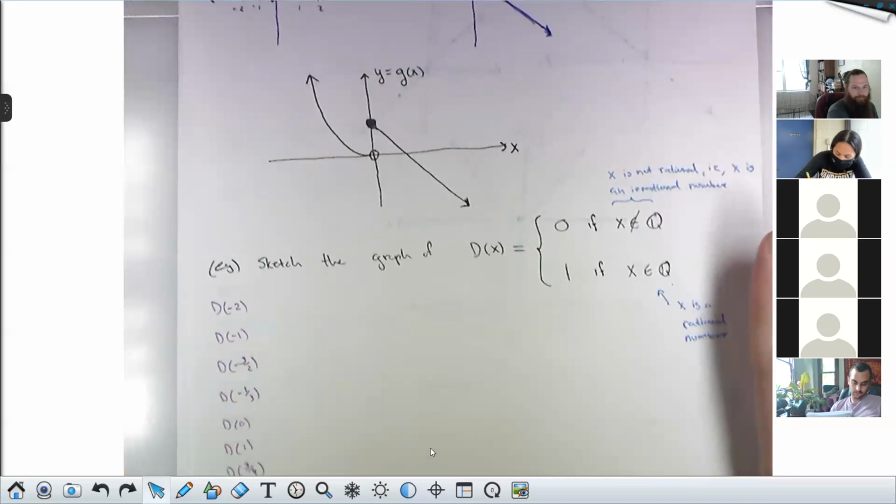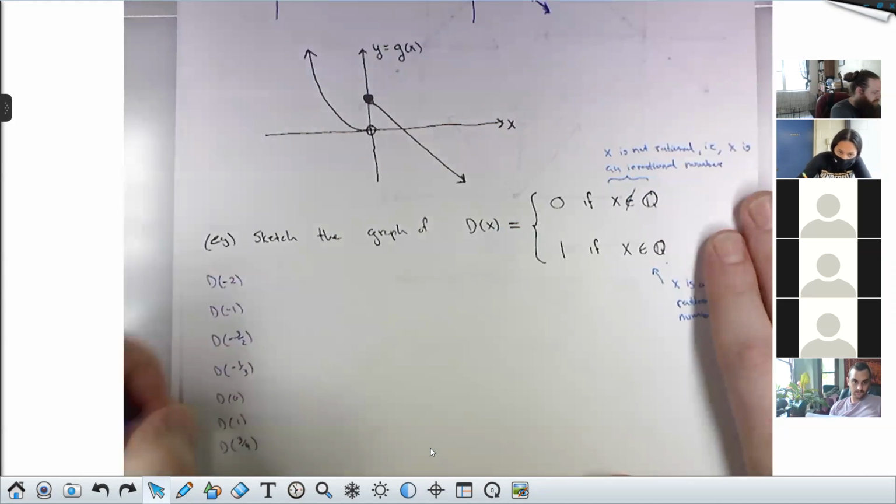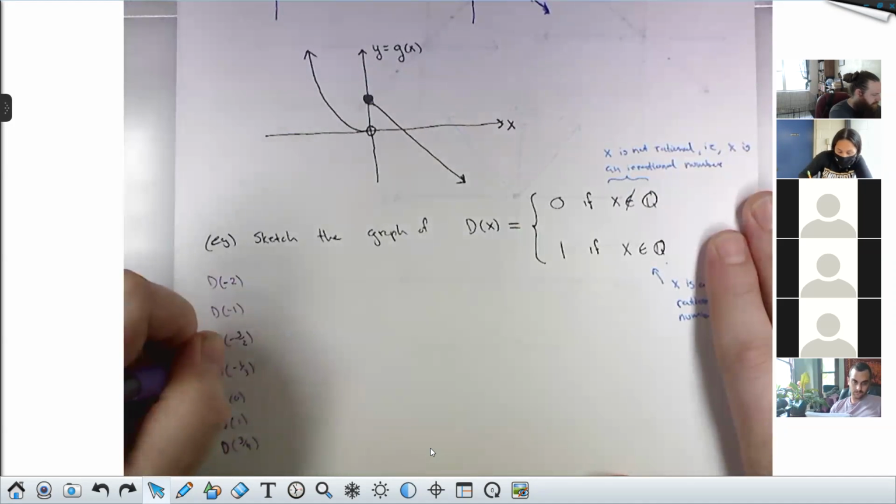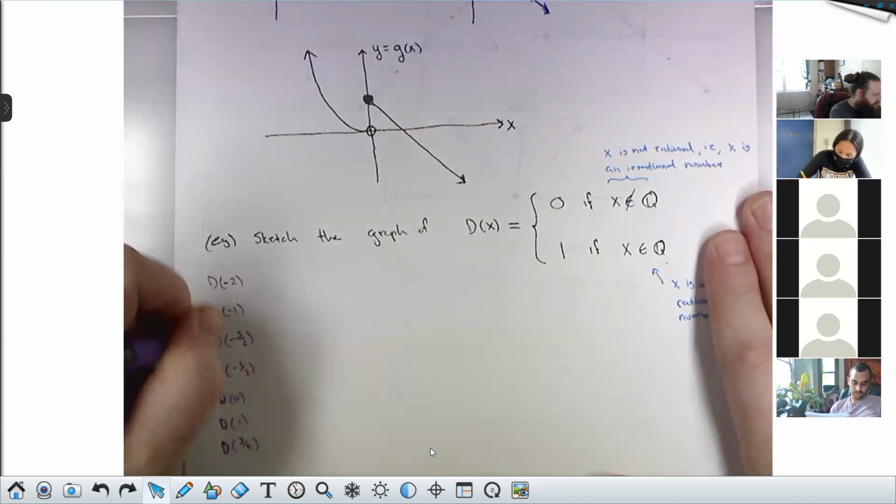Okay. So here are just some values we can compute. This is going to go real fast. What is d of -2?